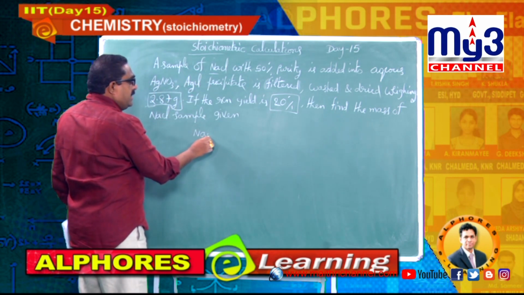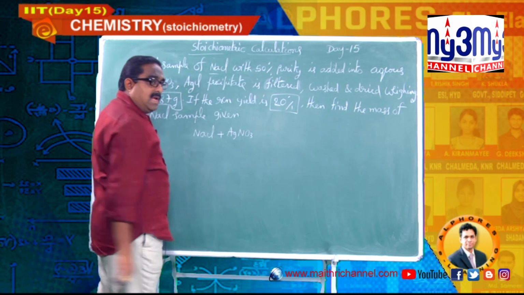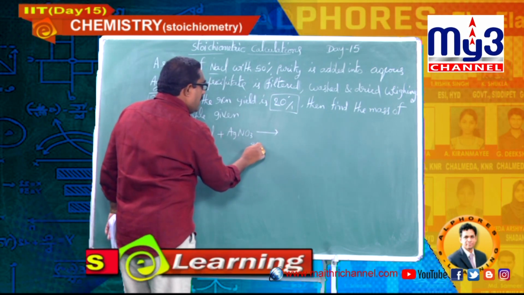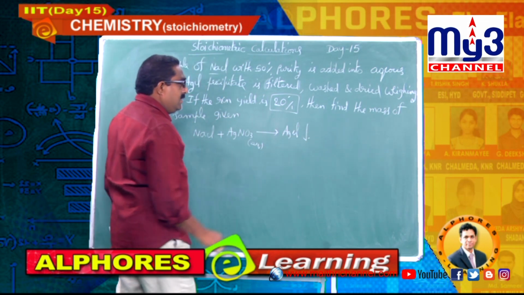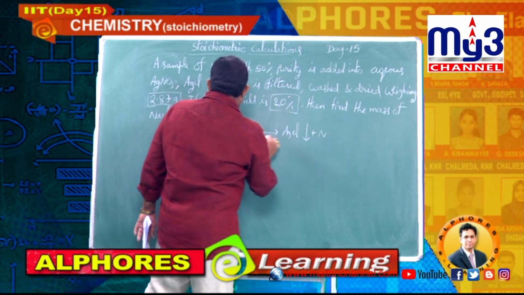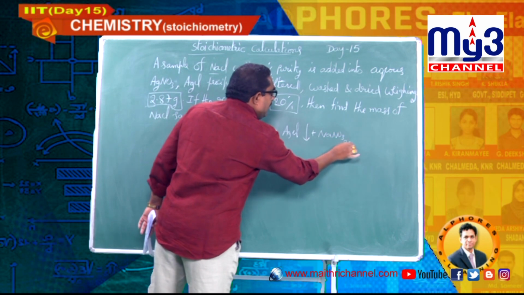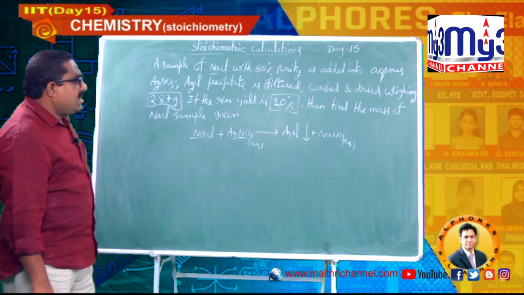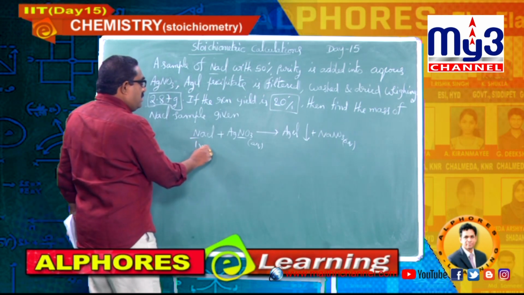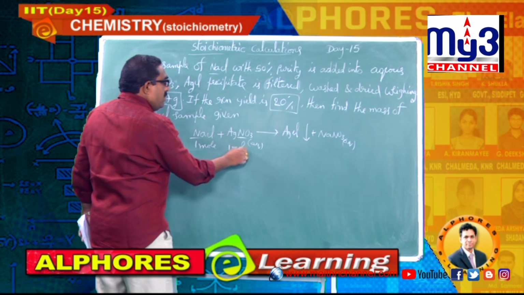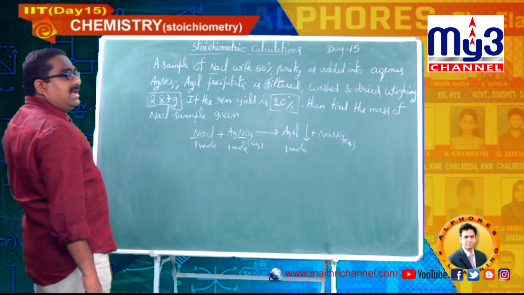Sodium chloride plus silver nitrate aqueous solution gives silver chloride precipitate, he himself is saying, and the remaining thing is sodium nitrate, NaNO3 aqueous. So this is the equation. 1 mole needs 1 mole, forms 1 mole.